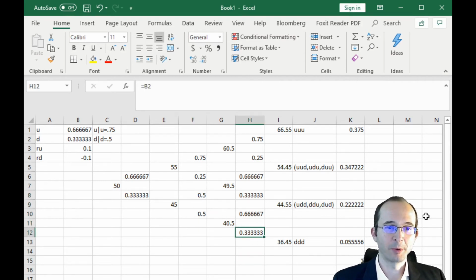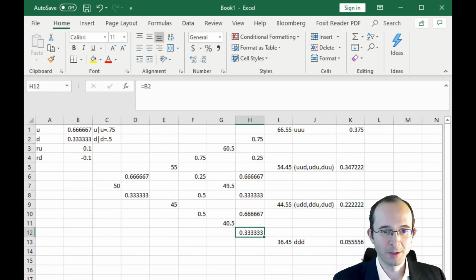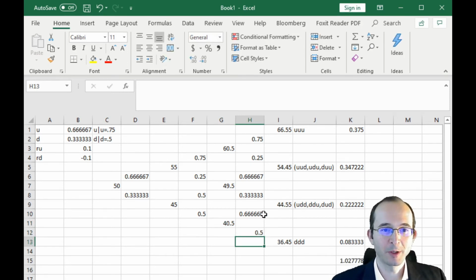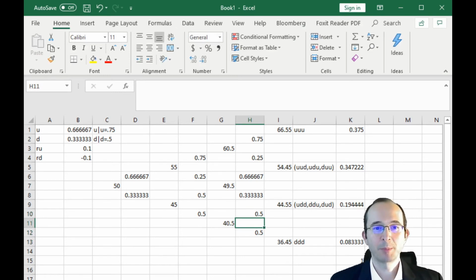And if our probability to keep going down has analogously changed, that means that once we get down to 40.5, our probability to keep going is also 50% to keep going down, and 50% to keep going up.